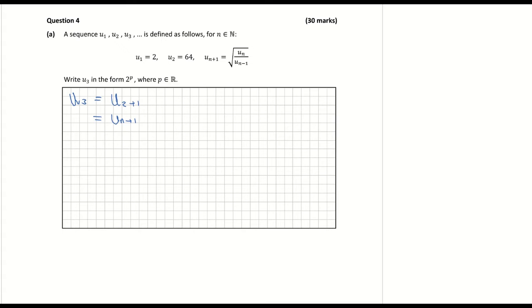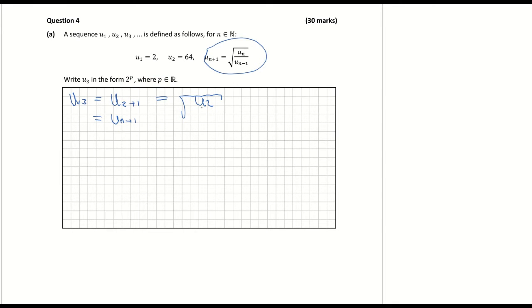So to get to 3, I would go 2 plus 1. And if we bring that a little bit further and using this now, that's the same as the square root of un. So un would be u2, because we're coming from here. That's my un, in other words.